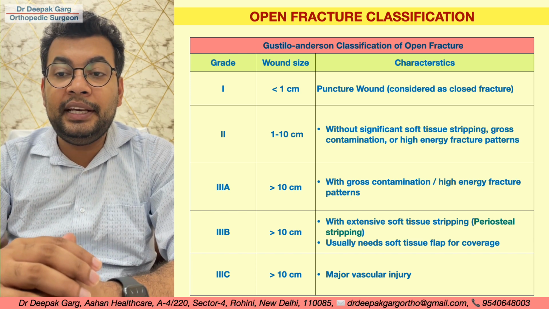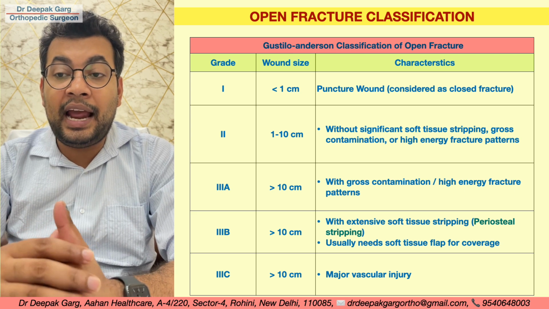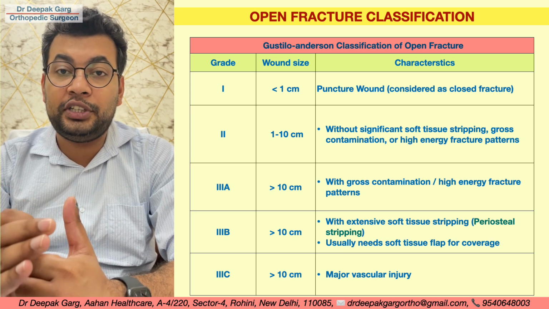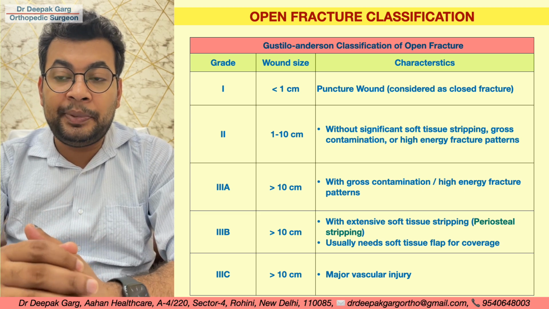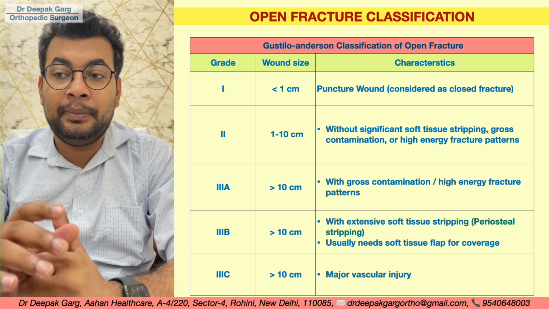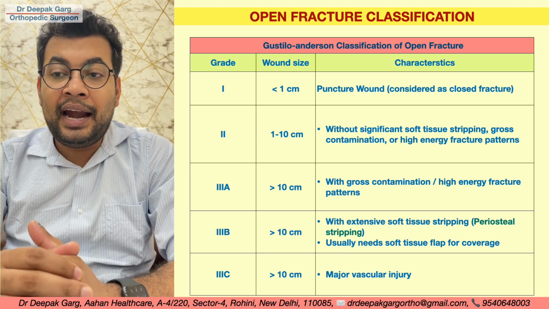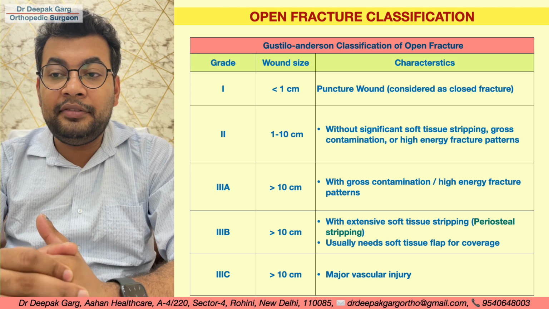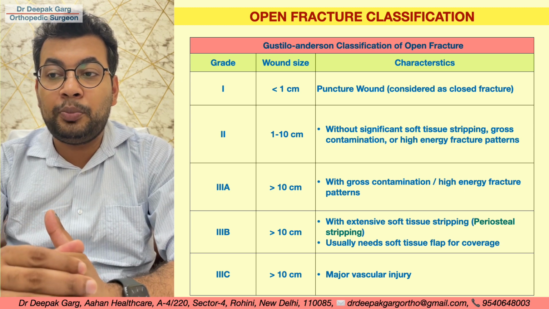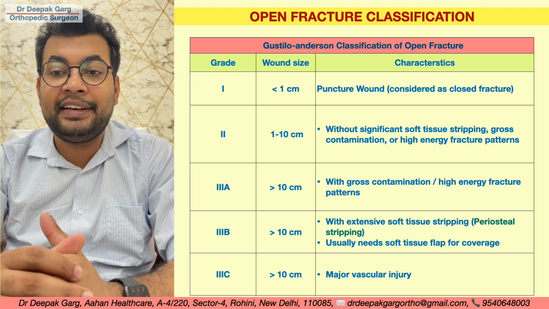Grade 3B is wound size more than 10 centimeter with extensive soft tissue stripping, and usually they use the word periosteal stripping. Like in the previous question, the word periosteal stripping was mentioned and the answer was stage 3B. And in stage 3B we usually need soft tissue coverage, so plastic surgery intervention is usually required.